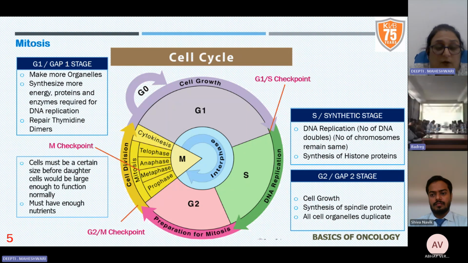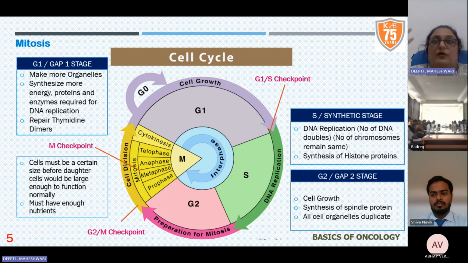Now you will have a question: why do you have the G0 phase? Though it is called a resting phase, what happens here is some of the cells which have multiplied and formed daughter cells have to start functioning in a specific manner. Say today we have so many different cells in our body.